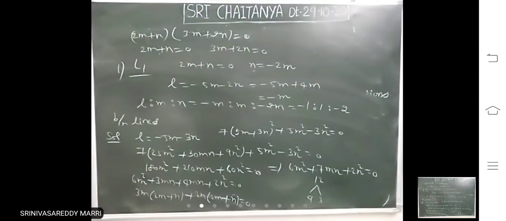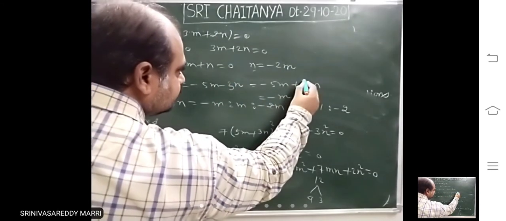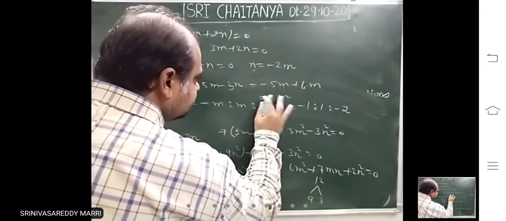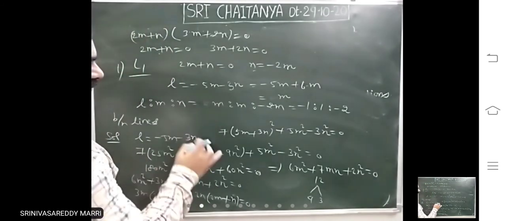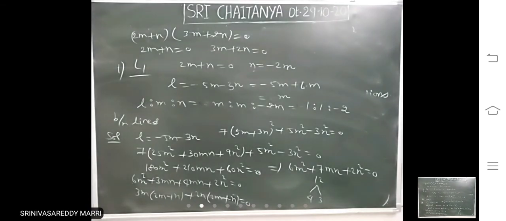So, l is to m is to n is 1 is to 1 is to minus 2.